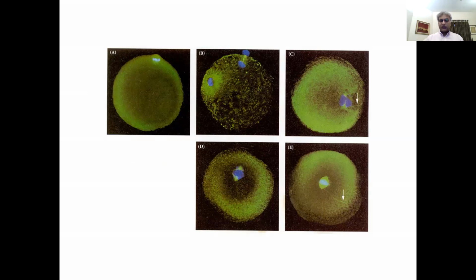fertilization, which is shown in these drawings I took from Scott Gilbert's book, Developmental Biology. So this is just the point where you can see a little hump, the entry of sperm nucleus into the oocyte.